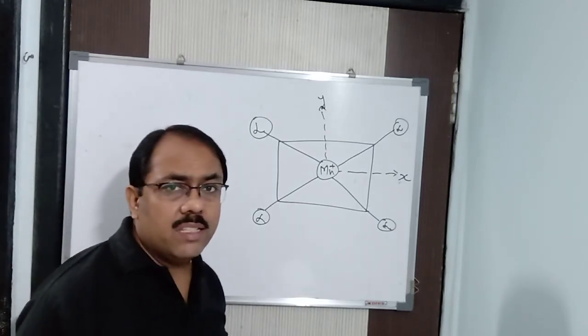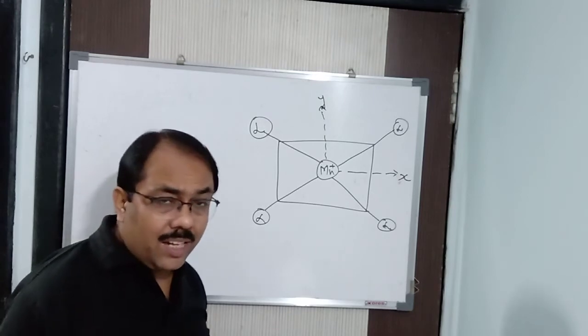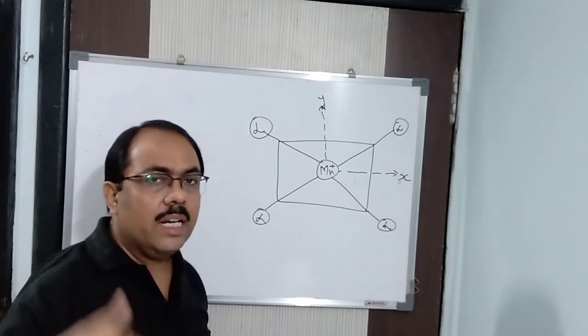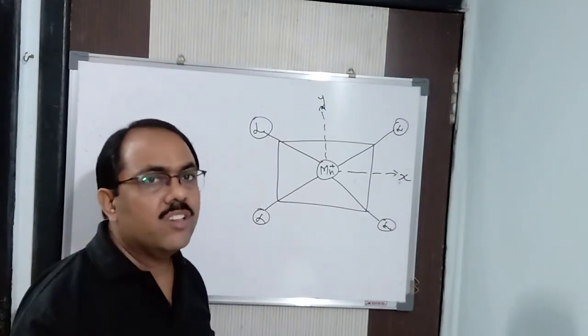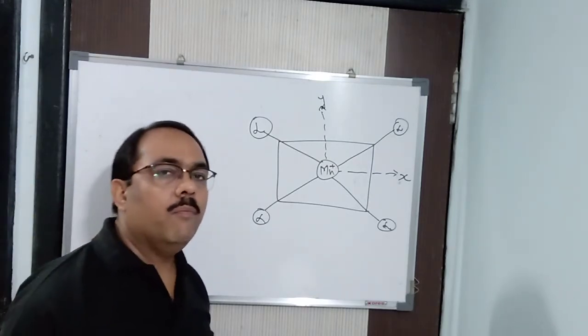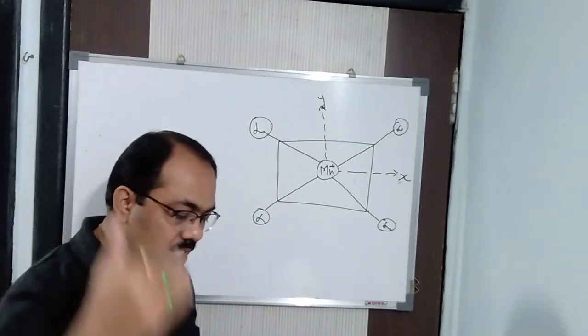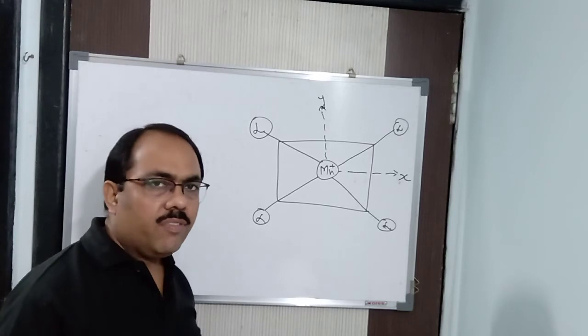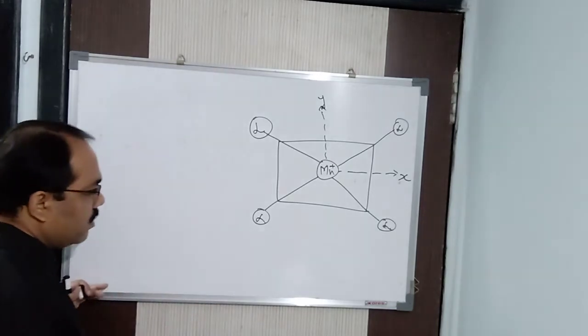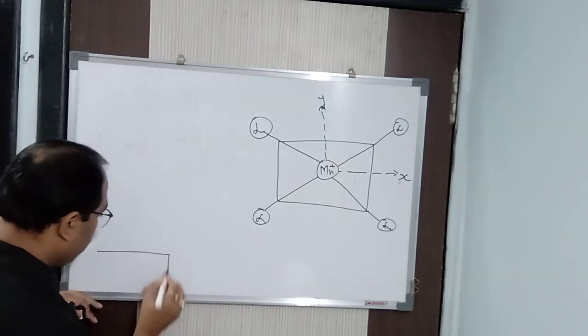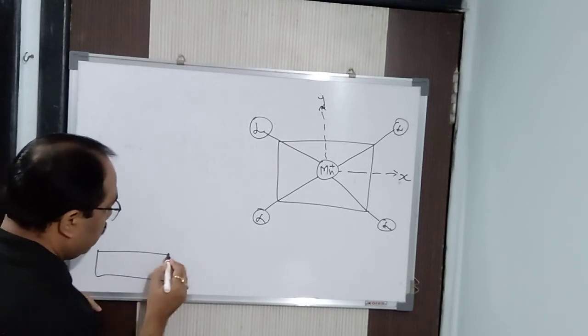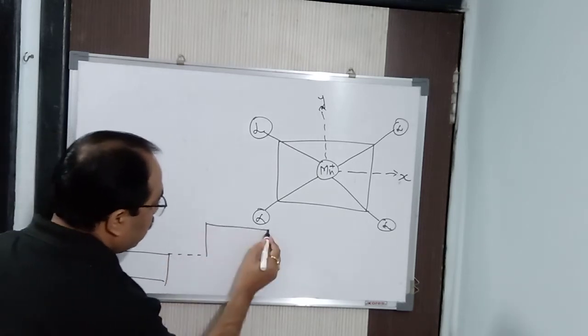So when the ligands are approaching in the planar manner, then dxy, dyz and dxz, that is t2g, suffer more repulsion compared to eg. So the diagram will be just opposite. In case of tetrahedral complex, the diagram will be this sort of. This is your 5d orbitals, where the energy will be raised and it will come here.